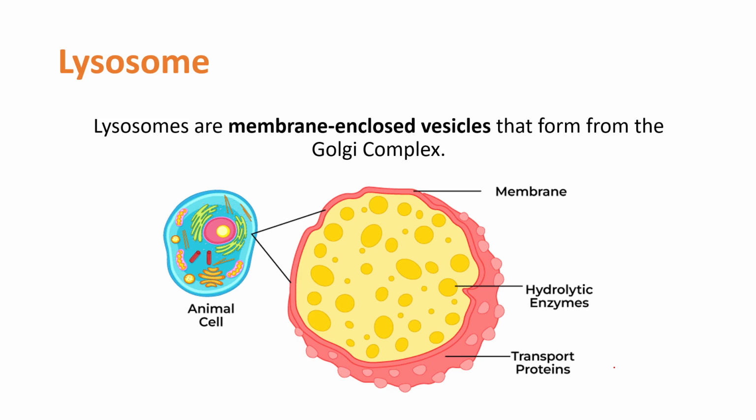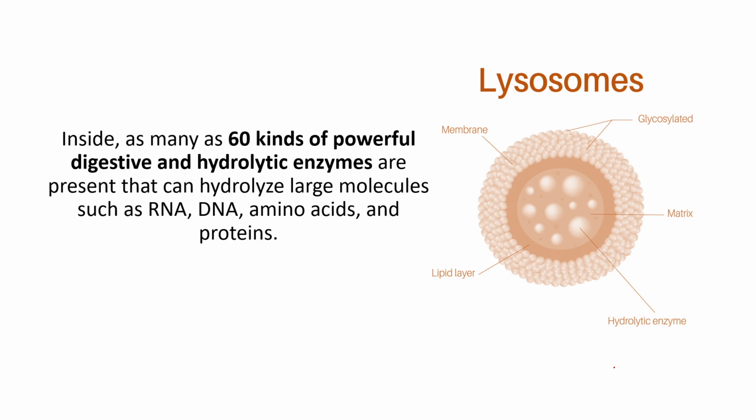Inside the lysosome, as many as 60 kinds of powerful digestive and hydrolytic enzymes are present, and they can hydrolyze large molecules like RNA, DNA, amino acids and proteins. You can see in the diagram the structure of the lysosome.